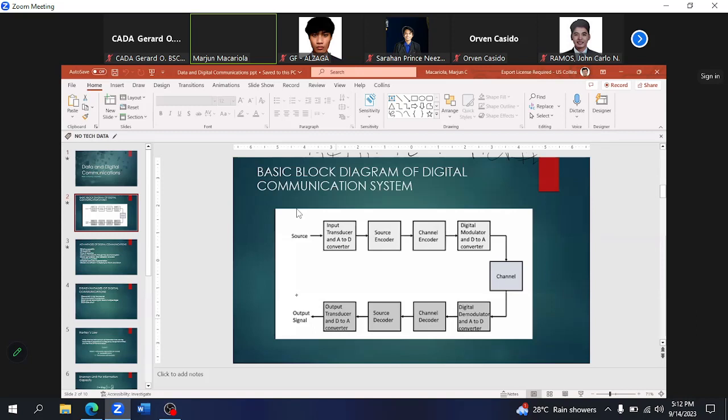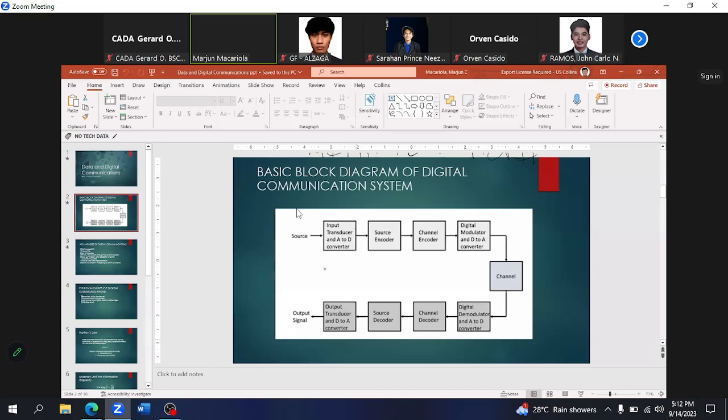So example of an analog signal. Okay, so papasok si analog signal dito. Example, sound signal. Okay? So ano bang ginagawa ni input transducer? Okay?